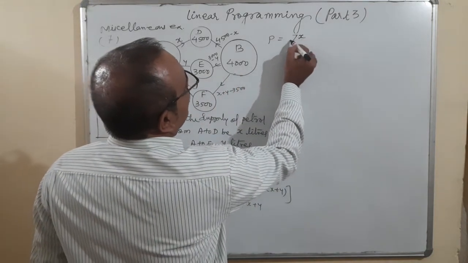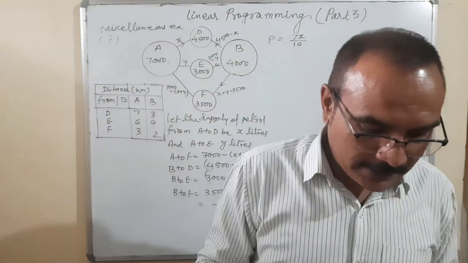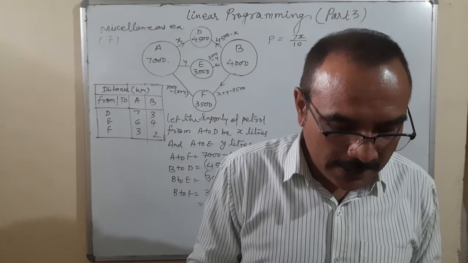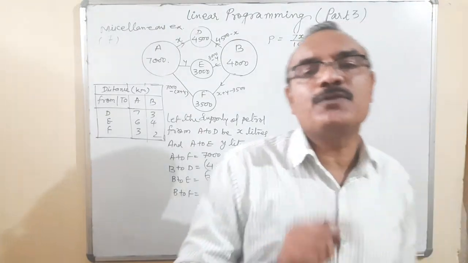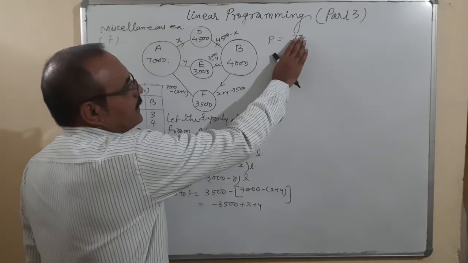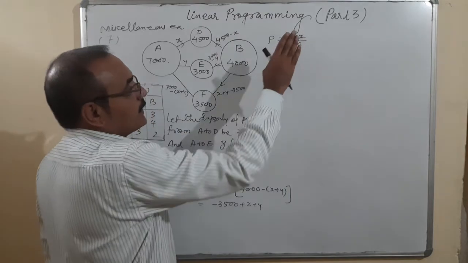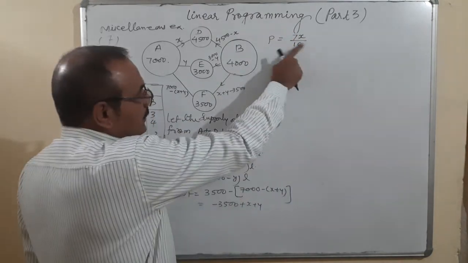So may I write here 7x upon 10, because the condition given here is that the transportation cost of 10 liters of oil is rupee 1. If I write only 7x, that means 1 liter costs rupee 1. But here it is given for 10 liters, so I'll have to divide by 10.